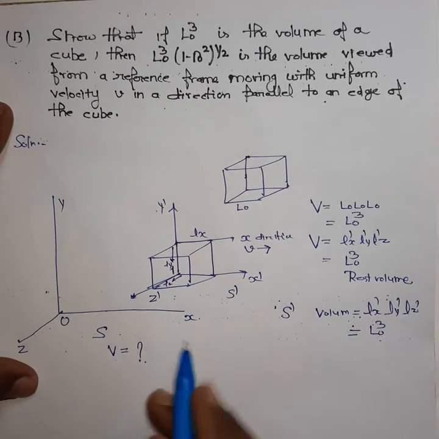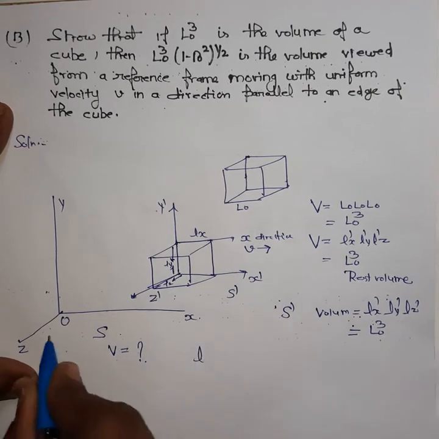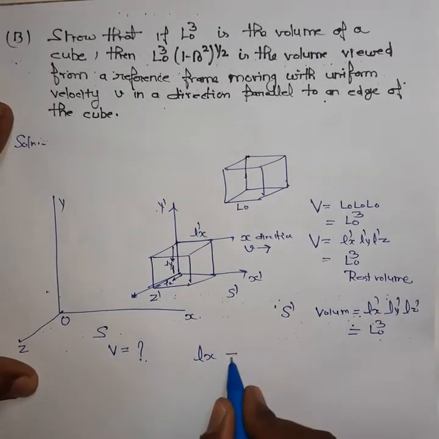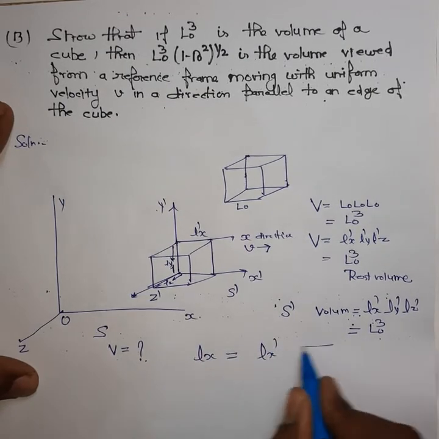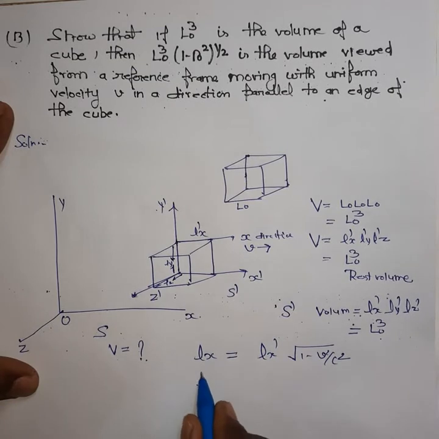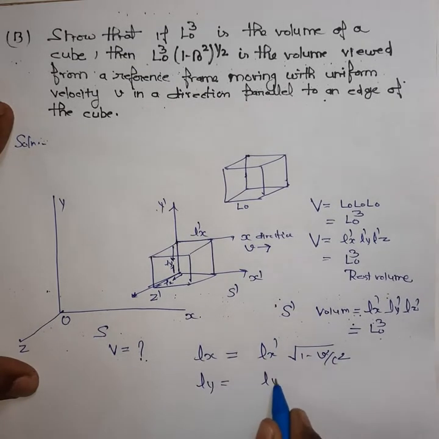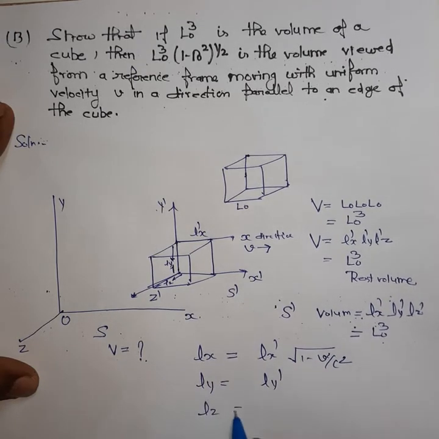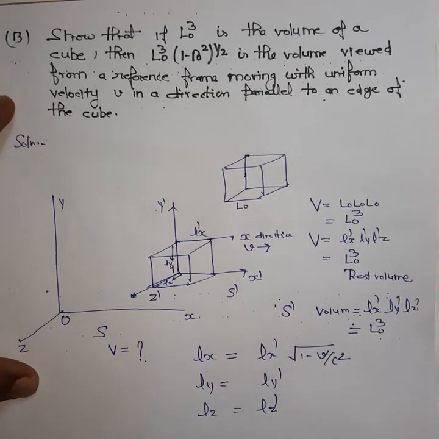So Lx will be equal to Lx dash multiplied by the square root of 1 minus v square by c square, and Ly will be just Ly dash. Why? Because there is no relative motion in y dimension, so Ly will be equal to Ly dash. Similarly Lz will be equal to Lz dash.